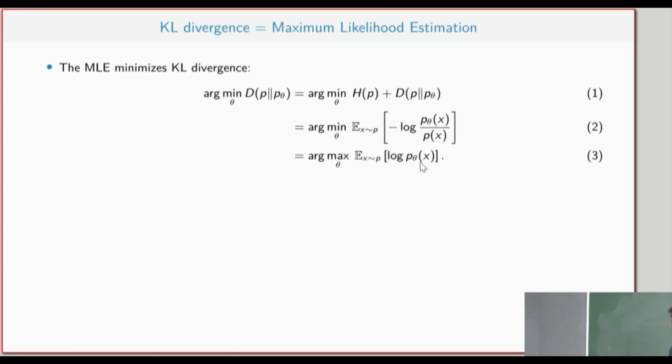This is exactly what log likelihood means, where we take some parametric distribution P theta of X. X may be a vector of random variables, so it may look like a joint PDF, but this is what it means. There is a log also, so that's why we call it log likelihood.